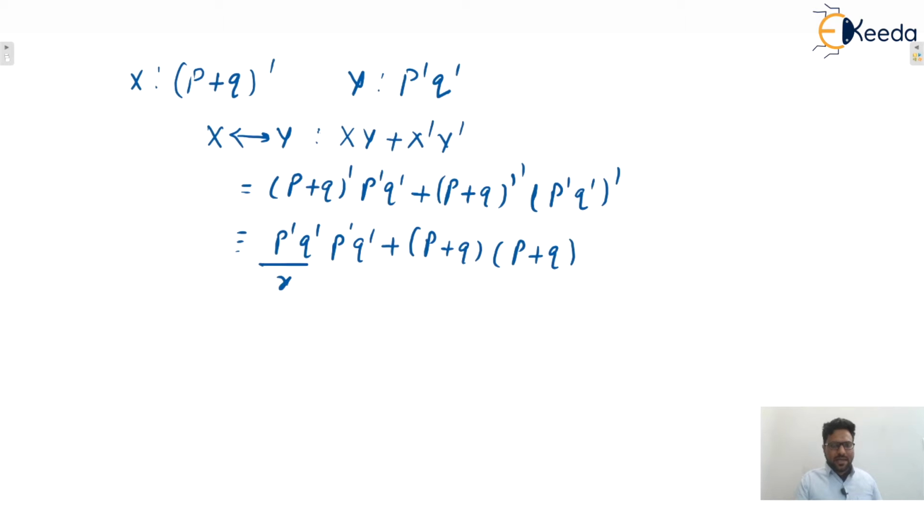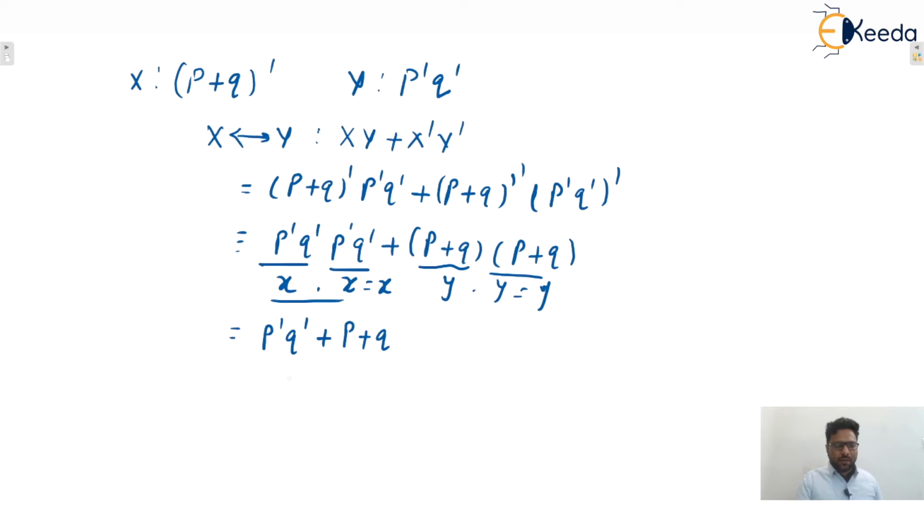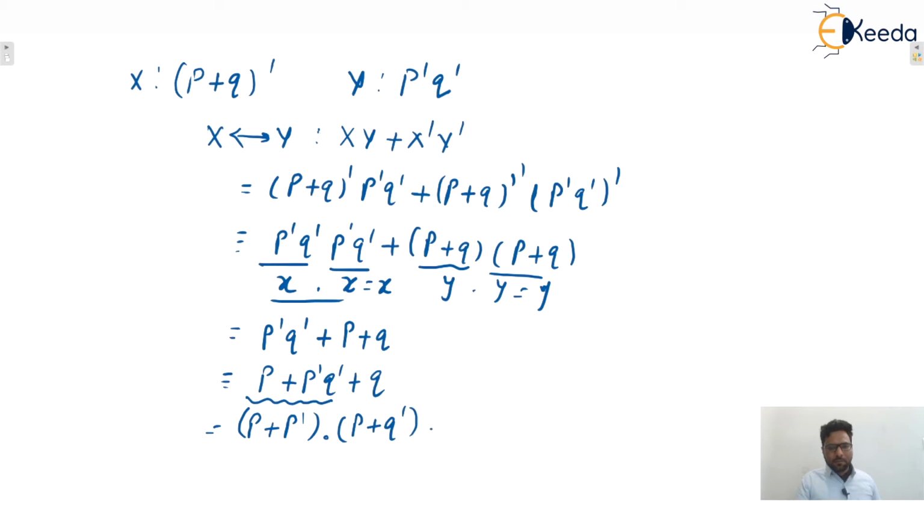So if it is X, then X dot X is what? We can say X only, as you saw in the identities. So this becomes P'Q'. Similarly, Y dot Y is only Y, so plus P plus Q. Now let us take P plus P'Q' plus Q. Apply distributivity: this becomes (P plus P') dot (P plus Q' plus Q).